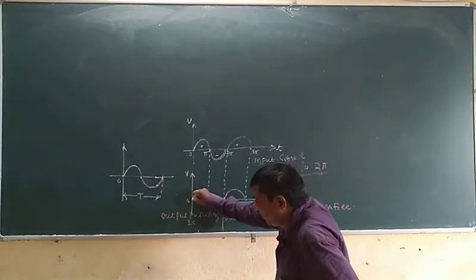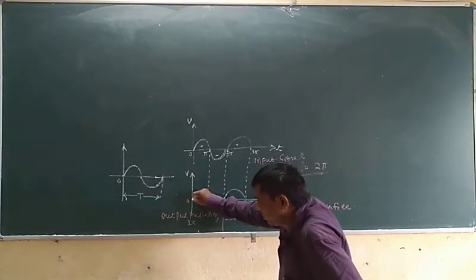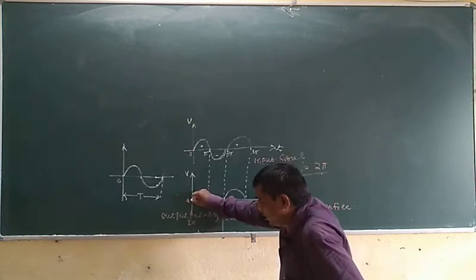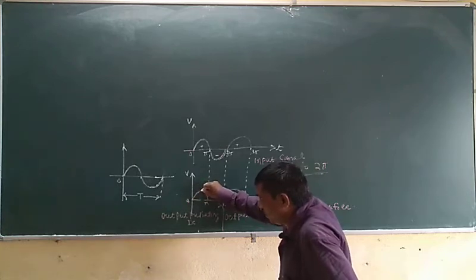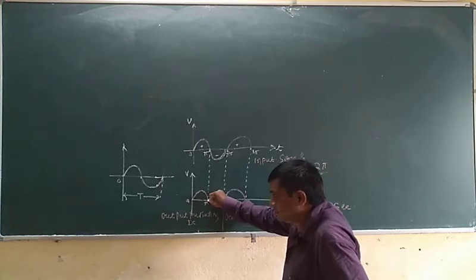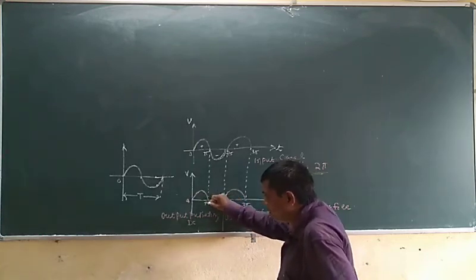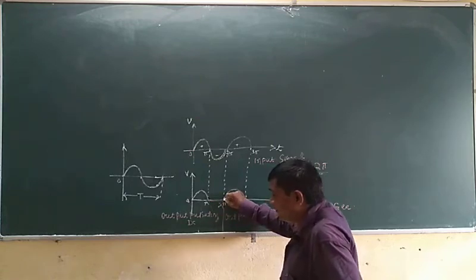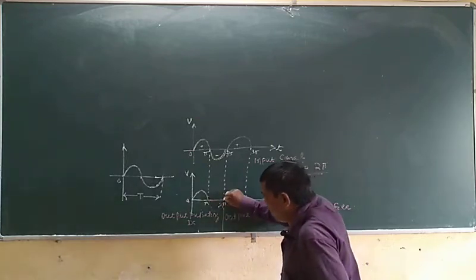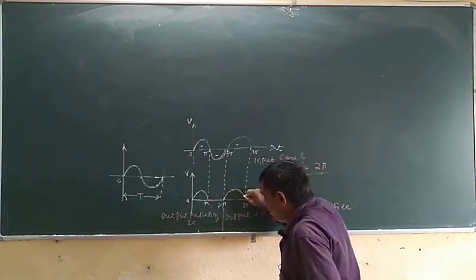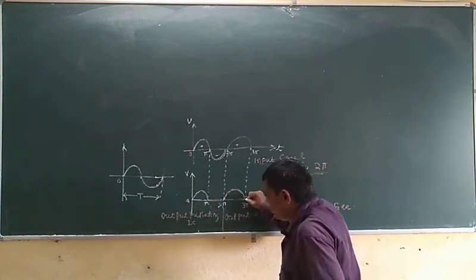Pulsating means it is not pure DC. The signal starts from this point and gradually increases, reaches the highest point, then decreases and touches the axis. The negative half cycle is not conducting, but again the positive half cycle starts from 0, reaches the highest point, then decreases and touches the axis.